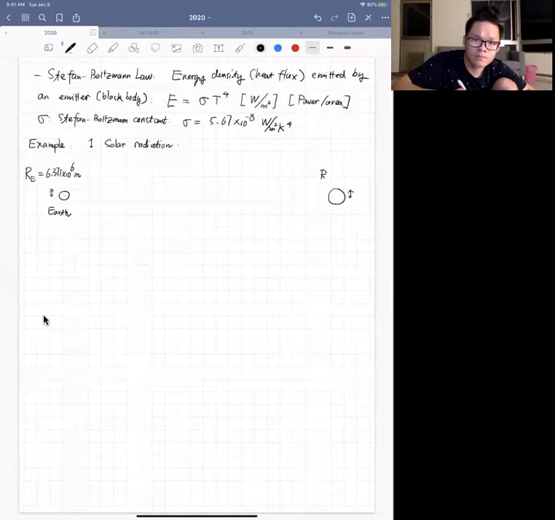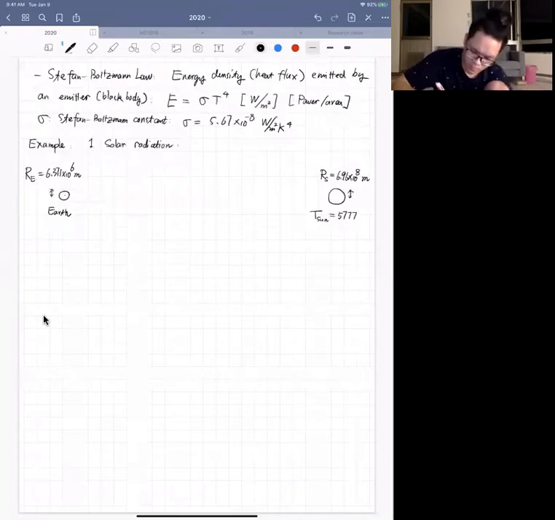The radius of the sun is about 6.96 times 10 to the 8 meter, about 2 orders of magnitude larger than Earth. The sun has a surface temperature of about 5,800 Kelvin, more precisely 5777 Kelvin.